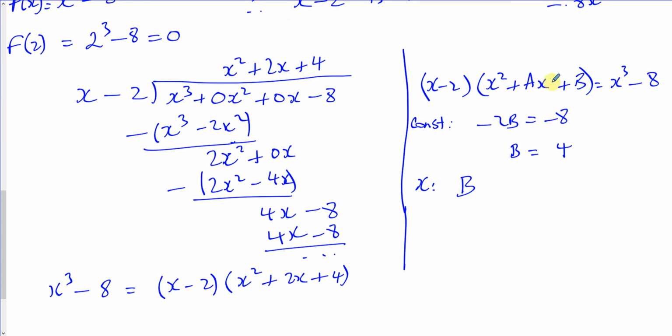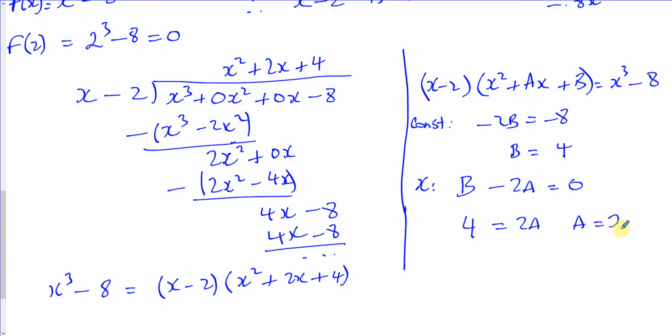Those are the only x terms when you expand this. On the other side, you have 0x terms, since it's x cubed plus 0x squared plus 0x, so that's equal to 0. Now I know b is already equal to 4, so I can say 4 is equal to 2a. So a is equal to 2, as we saw here.